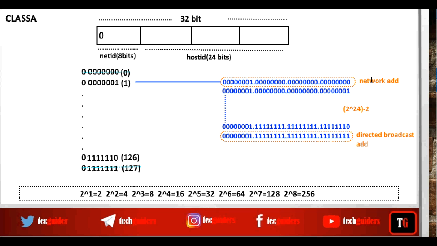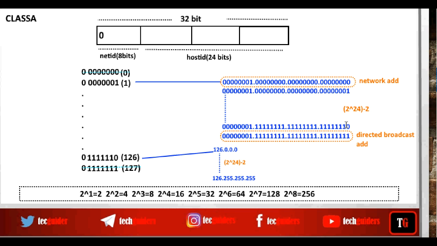The network ID portion followed by all zeros is used as the network address, and the network ID portion followed by all ones is used as the directed broadcast address for that network. With the remaining 2 power 24 minus 2 IP addresses, we can address 2 power 24 minus 2 hosts. Thus, the number of hosts that can be addressed within each class A network is 2 power 24 minus 2.